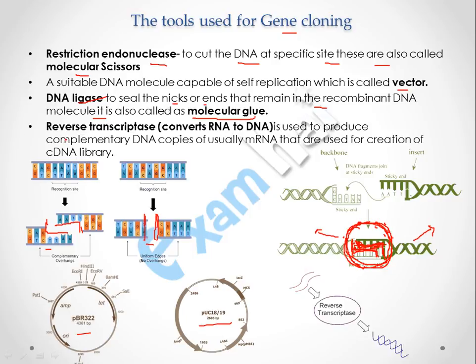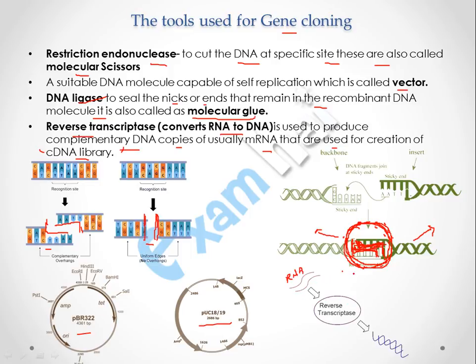Then the other one is reverse transcriptase, which converts RNA to DNA and is used to produce complementary DNA copies. Usually mRNA is used for the creation of a cDNA library. What is a cDNA library? We will discuss later. So what does reverse transcriptase do? This is RNA, a single strand. This single-strand RNA is converted into double-stranded DNA with the help of reverse transcriptase.